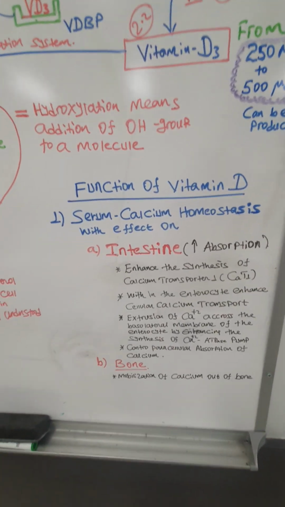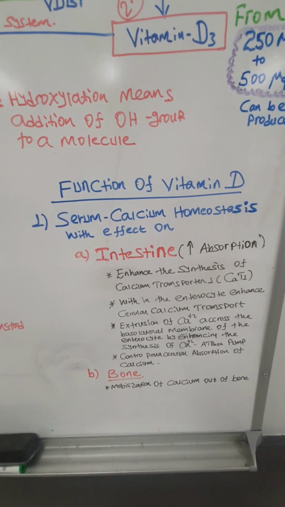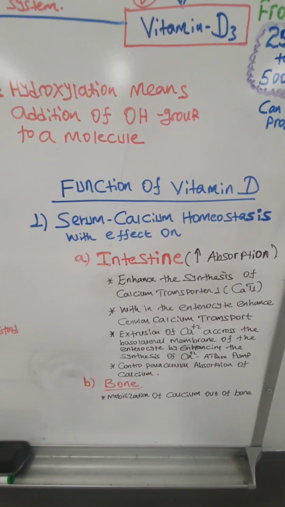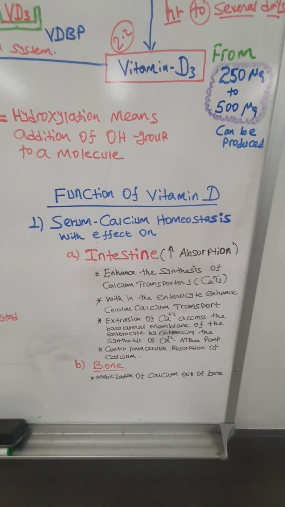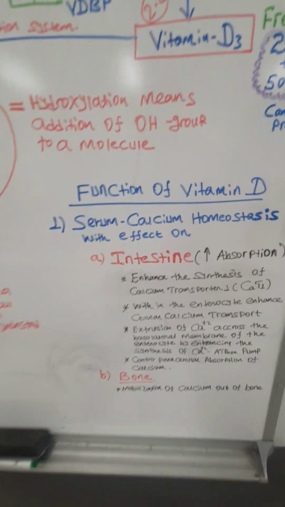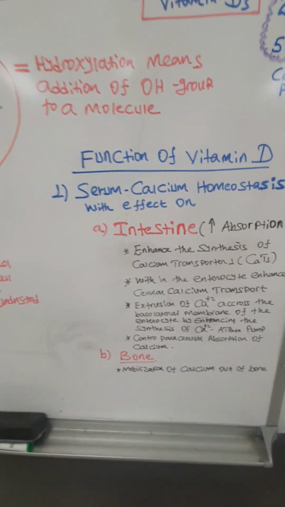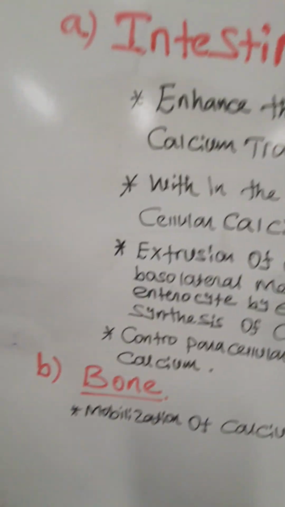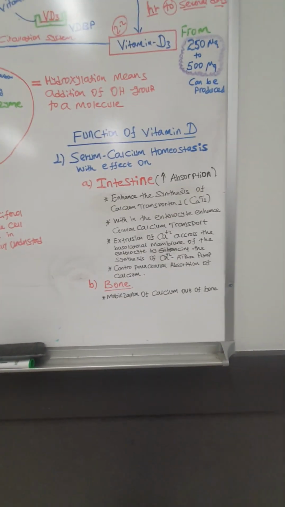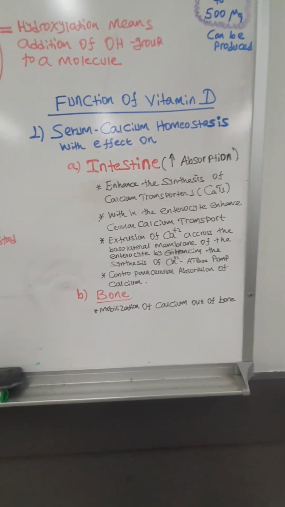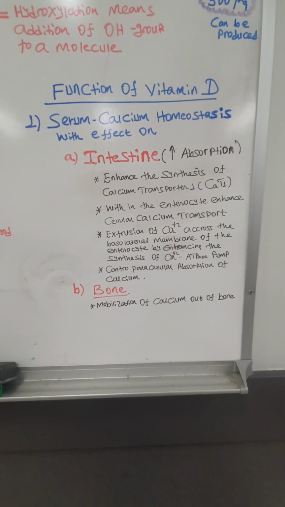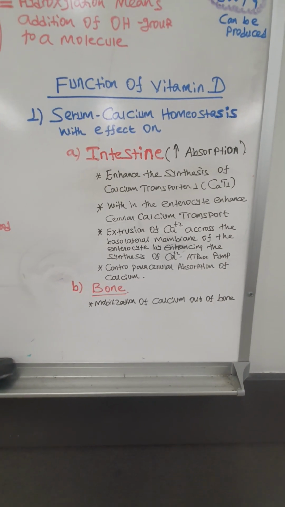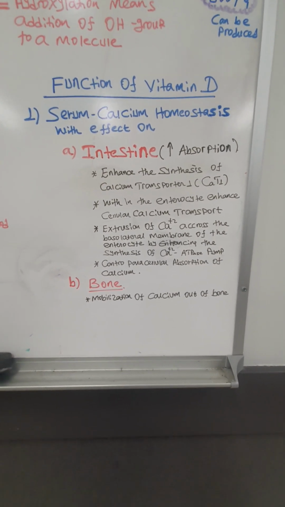Vitamin D in the form of calcitriol has a lot of functions, but the main purpose of vitamin D, which is very important, or of course all of them are very important, but the most important one is controlling the serum calcium homeostasis.